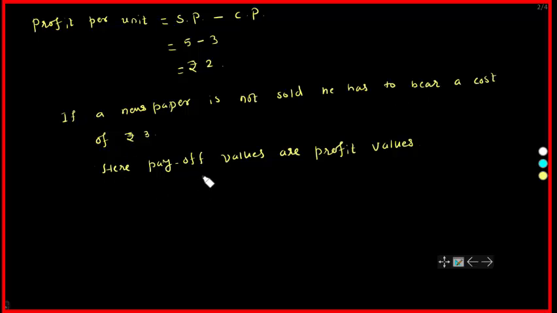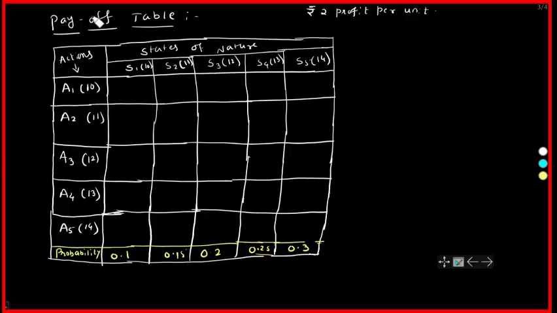Now we are going to prepare a decision table or a payoff table where the payoff values are profit values. We have to prepare a payoff table or a decision matrix. So already we have taken actions in a row.